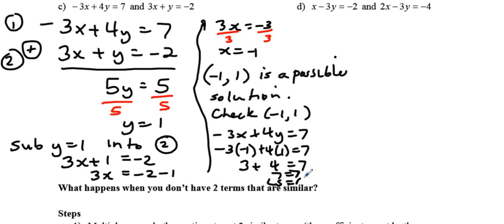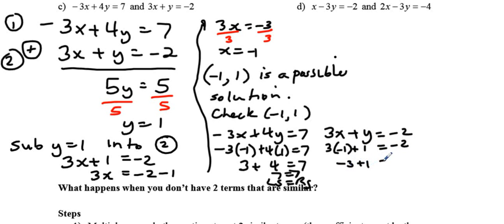Left side equals right side. 1 down, 1 to go. 3x plus y equals -2. So when I put in -1 for x, 1 for y, you get -2 equals -2, and left side equals right side.